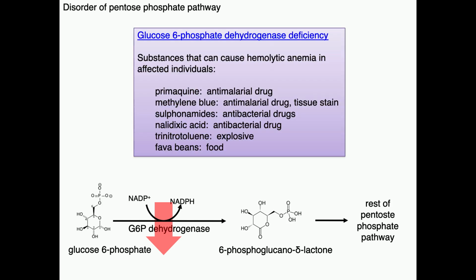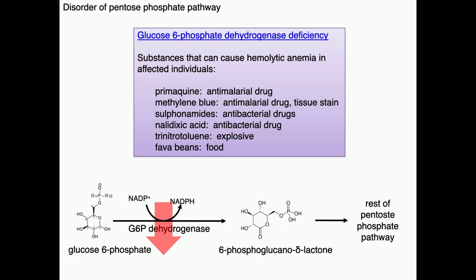Okay, so just a few of those, like the sulfonamide drugs, antibacterial drugs, those are kind of classics, things that can precipitate that hemolytic anemia crisis in people with glucose 6-phosphate dehydrogenase deficiency. This condition is also sometimes called favism, and that's because fava beans, which are in the Italy and Libya and Mediterranean region, that's an important source of food, and the metabolism of the fava beans, I'm trying to remember the compounds in it.